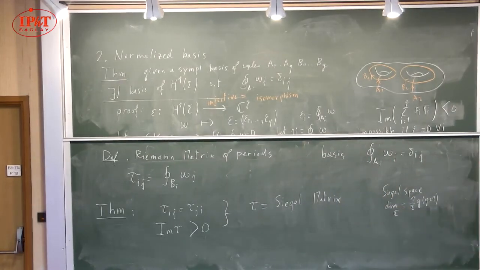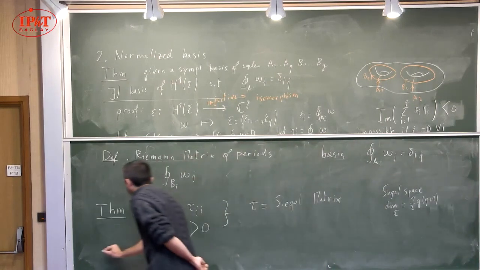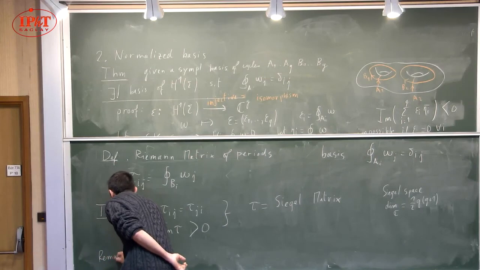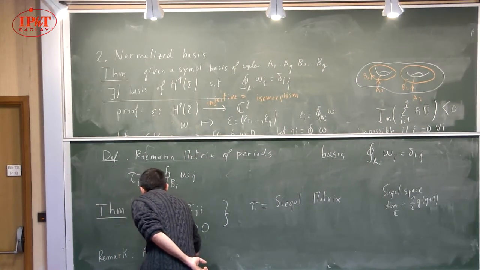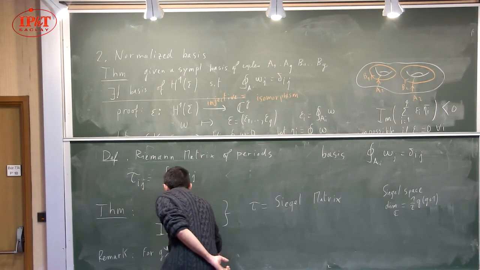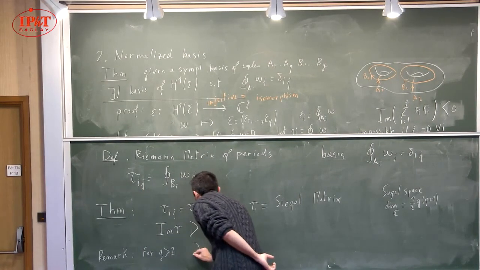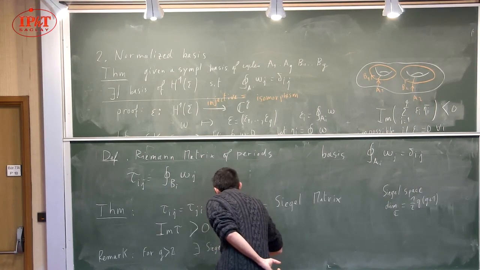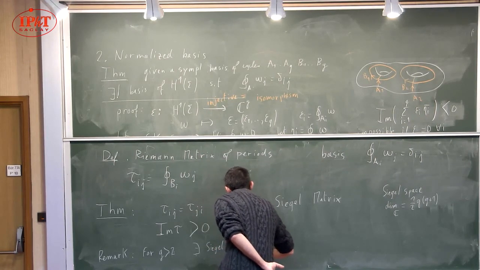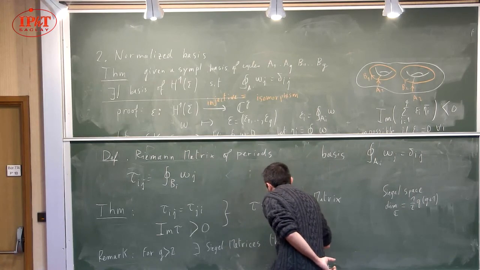The converse is not true. There are many Siegel matrices that are not Riemann matrices. So this is a remark: for g larger than 3, there exist Siegel matrices that are not Riemann matrices of periods.